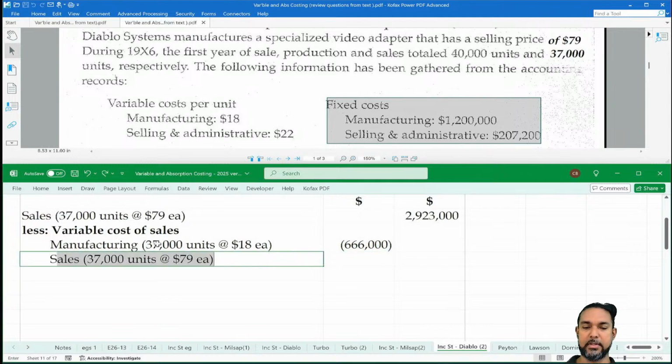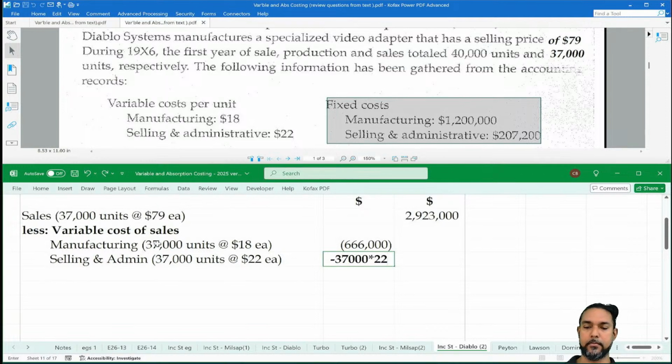And then we have the selling and admin. So 37,000 units at 22 each. 37,000 by 22, sorry.